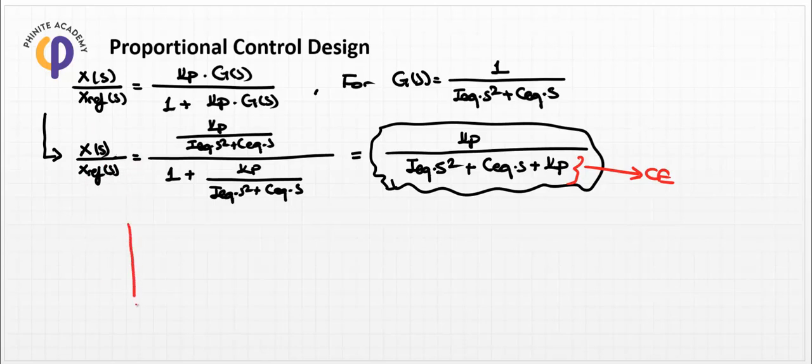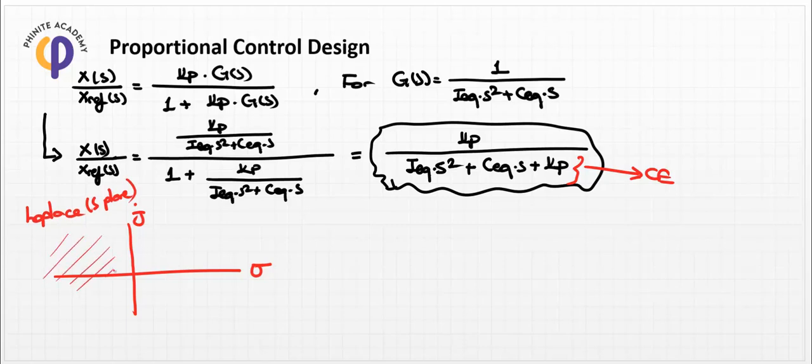Just a reminder that in the Laplace domain we have two axes, j and sigma, and this is called the s-plane. In the s-plane, everything on the left-hand side is considered stable, and on the right-hand side unstable. You need to review the Laplace domain and the s-plane transformation.